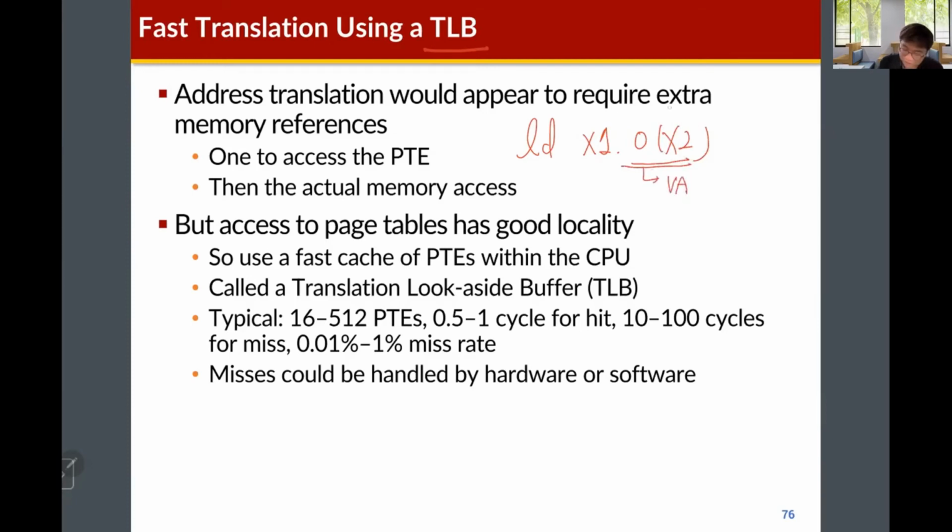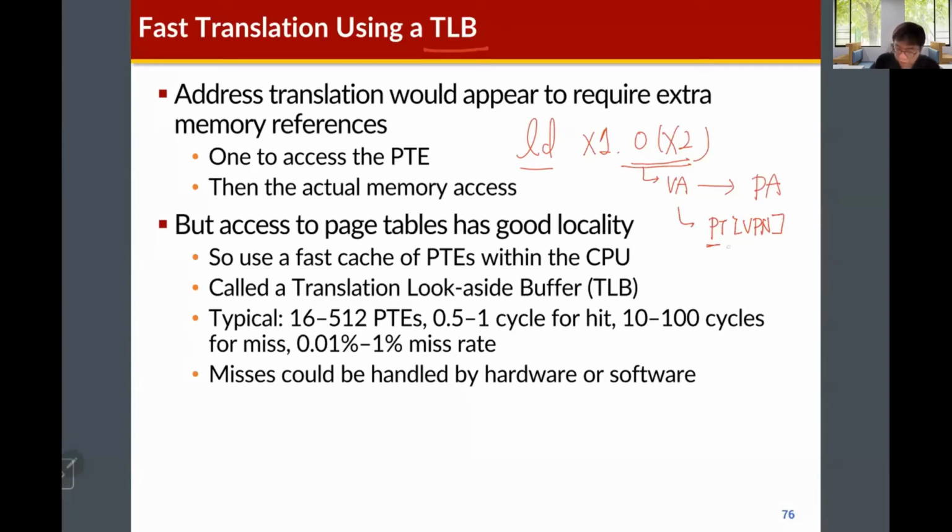In order to access the data requested by this load instruction, this virtual address needs to be translated into the physical address. For this translation, we need to access the page table with the virtual page number. And this is a data structure, it's just software, right?